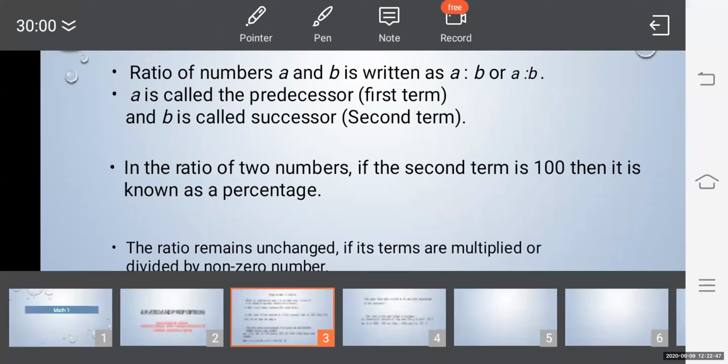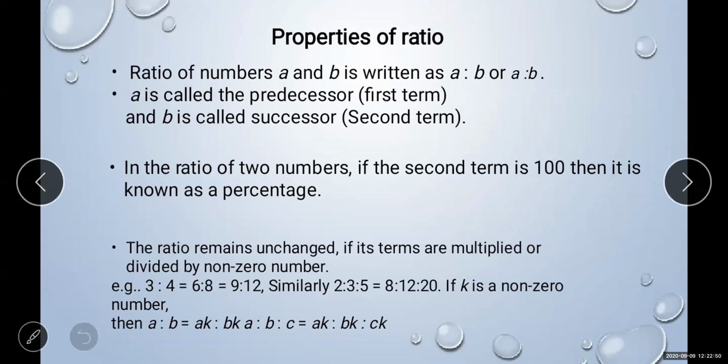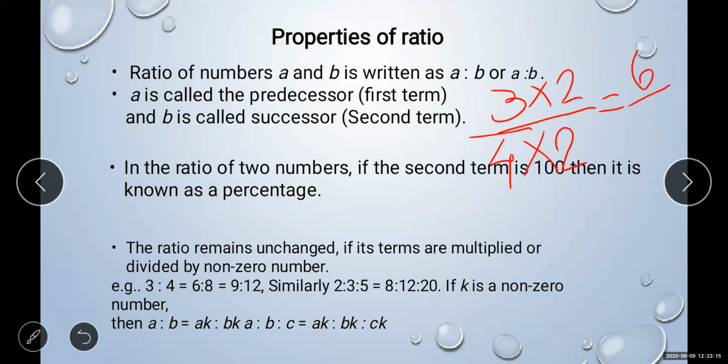Suppose 3 as to 4 is given, and I multiply both numerator and denominator by a non-zero number, say 2. What do you get? 3 twos are 6 and 4 twos are 8.